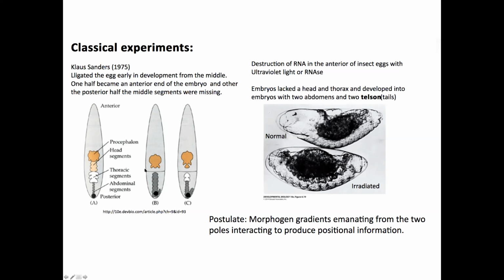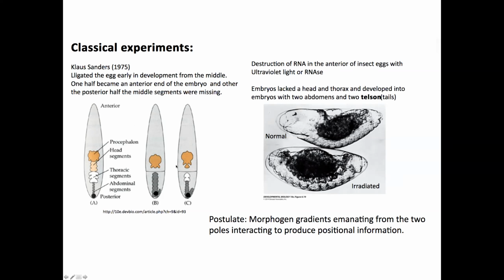So if you tie the embryos much earlier in development, you are restricting the exchange of information. You're restricting the interpretation of the information by the cells in those regions, and as a result, the acquisition of their identity, their positional information, is affected.